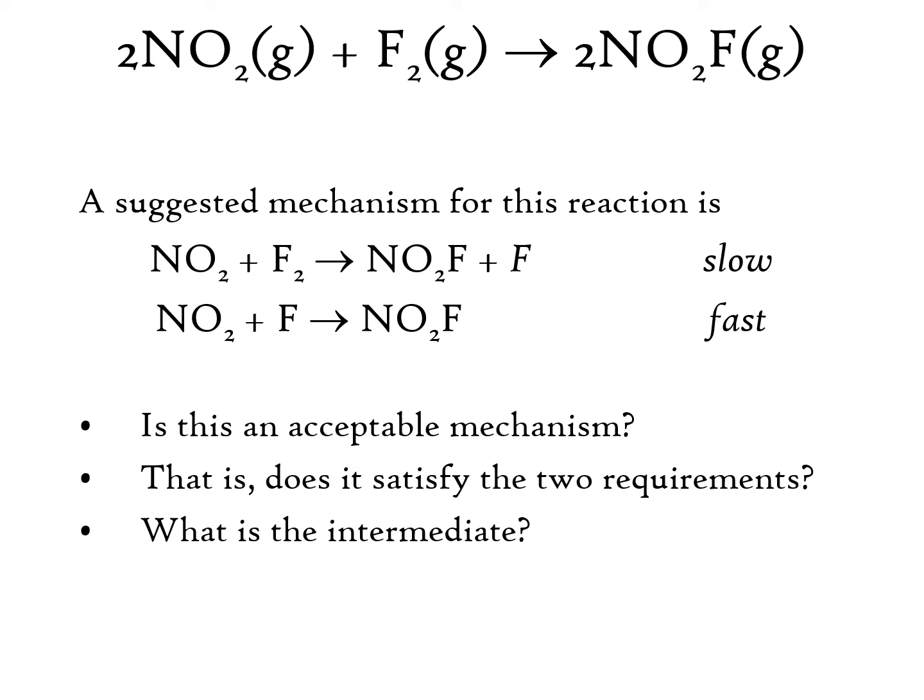So the proposed mechanism is the slow step is NO2 with the F2. It forms our product, but we get an atom of fluorine there, which is consumed in the fast step.